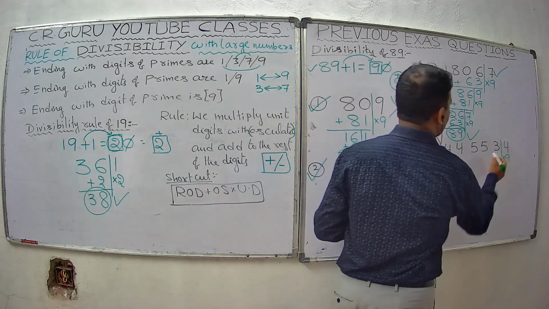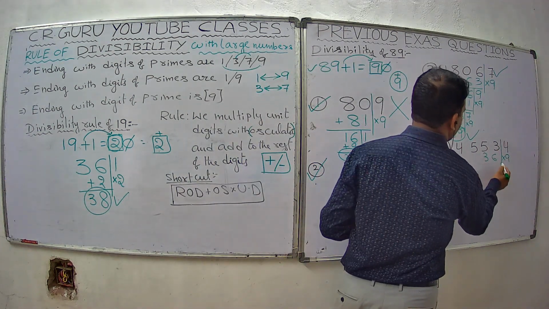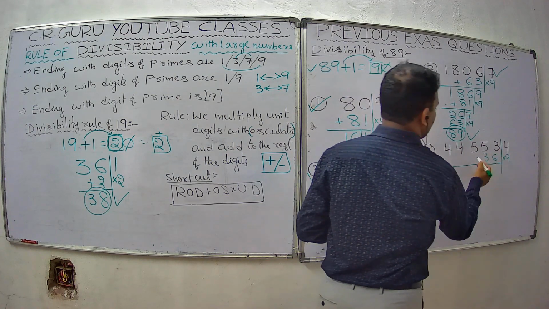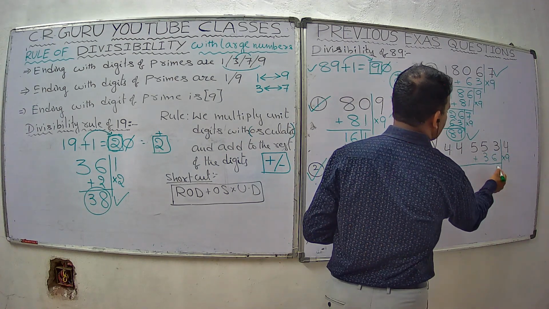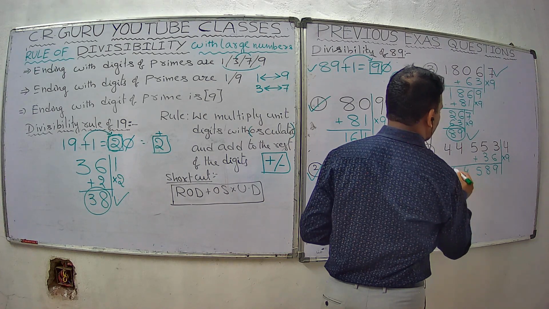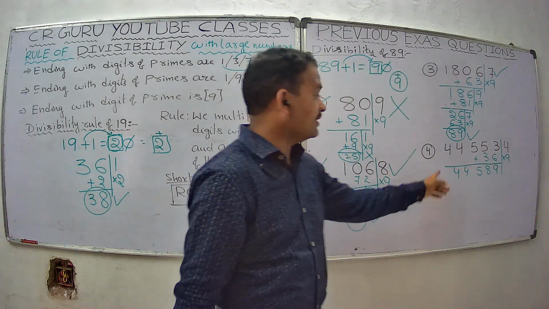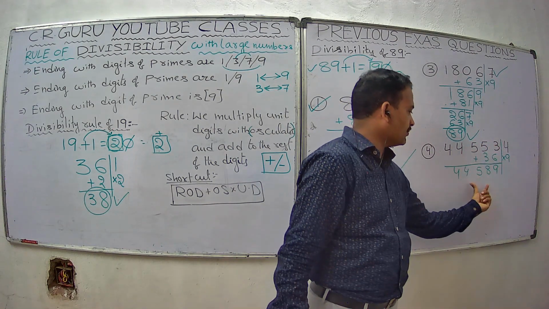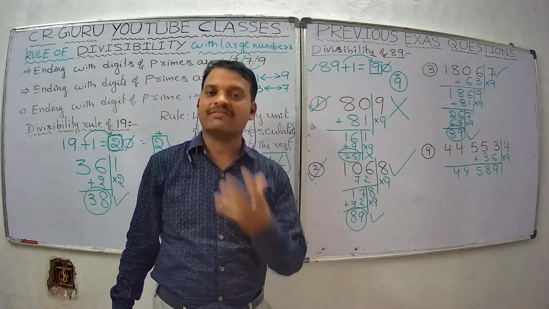So now 4 nines are 36, my dear friends. Adding the rest of the digits, 6 plus 3 is 9. This is 8, 5, 4, 4. Then this 6-digit number reduces to a 5-digit number.